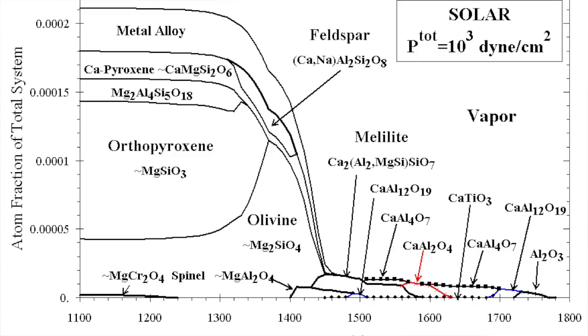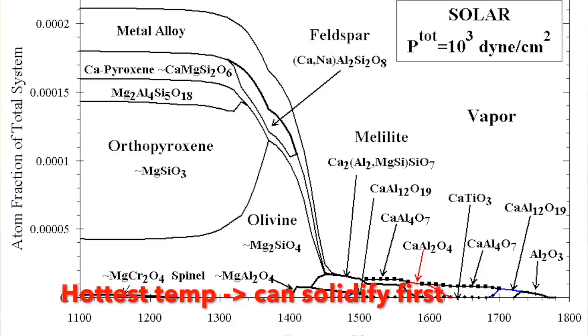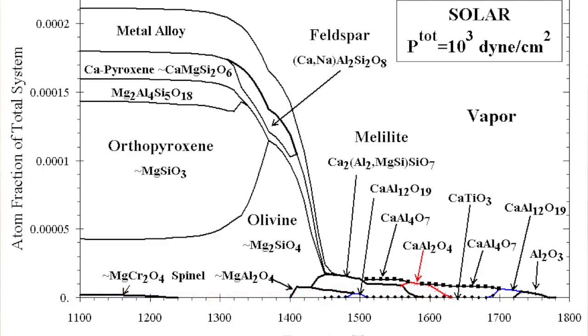Okay, so if you take a look at this graph, this has temperature on the bottom and then I think total percentage of the solar system on the y-axis. But notice at the hottest temperature, so on the farthest to your right on the graph, at the hottest temperatures, what can condense out and become a solid is really heavy in calcium and aluminum.